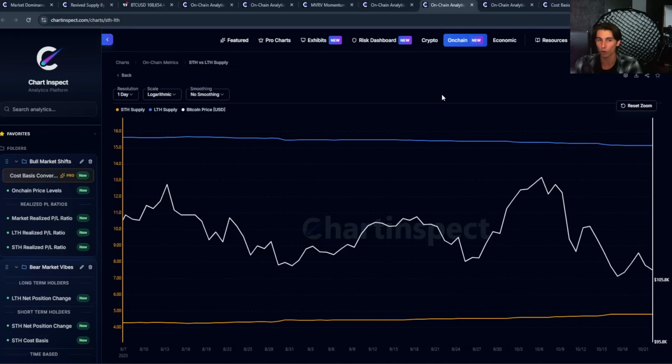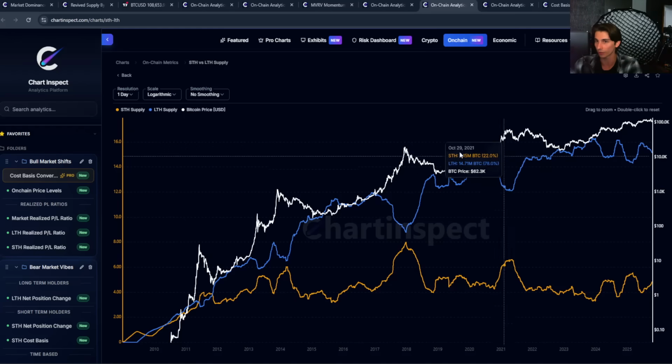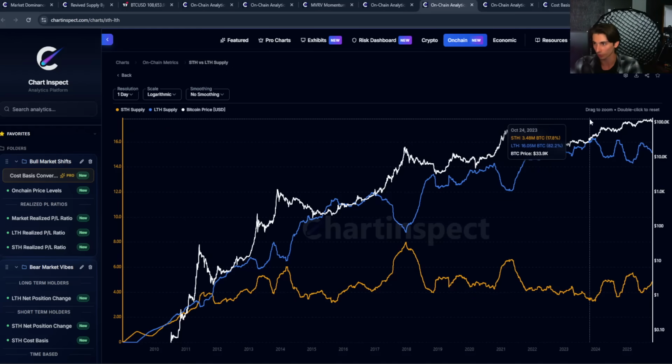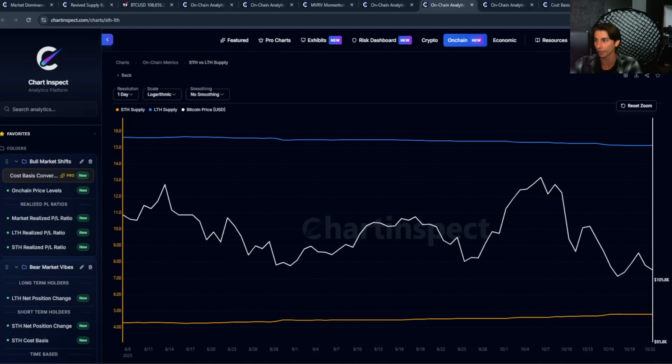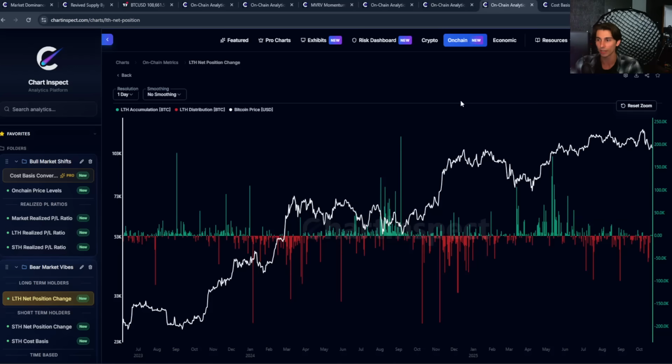So lastly, long-term holder behavior. If we zoom in on the short-term holder versus long-term holder supply here, long-term holders have been slowing distributions for the past week or so, and they've remained relatively flat for the past couple of days. If we look at the net position change of long-term holders, we actually have been seeing an overall net accumulation since the 19th of October towards today.